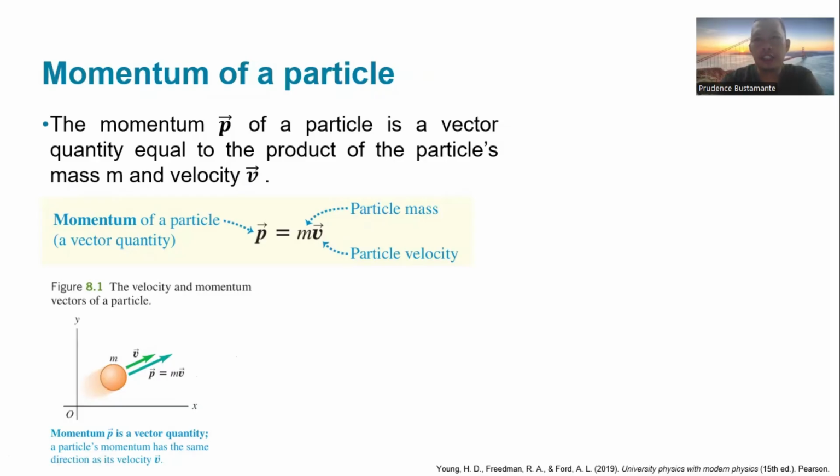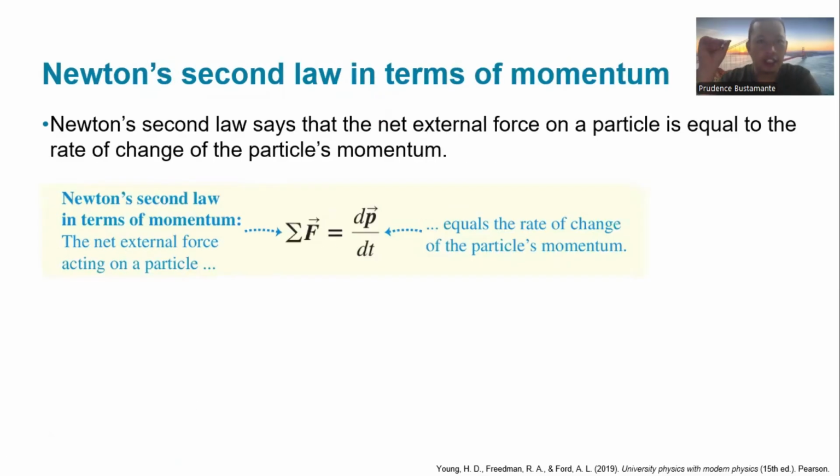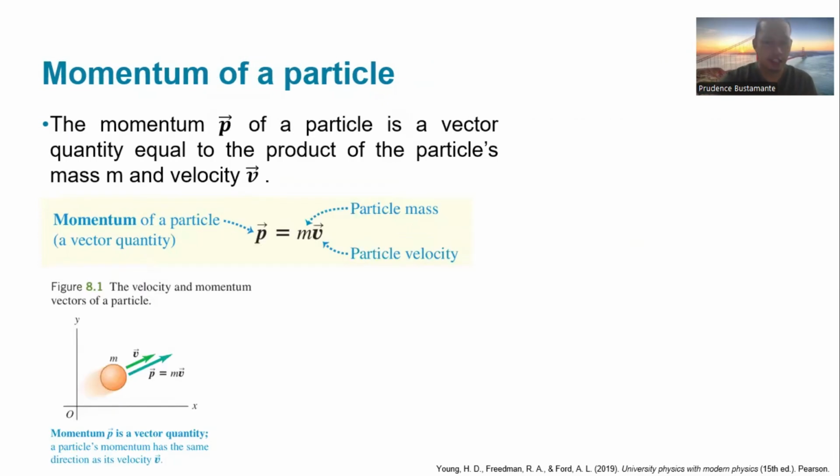So how did we derive this momentum? If you recall, we have Newton's second law. Newton's second law states that if a net force is acting on an object, then that object with mass m will accelerate.